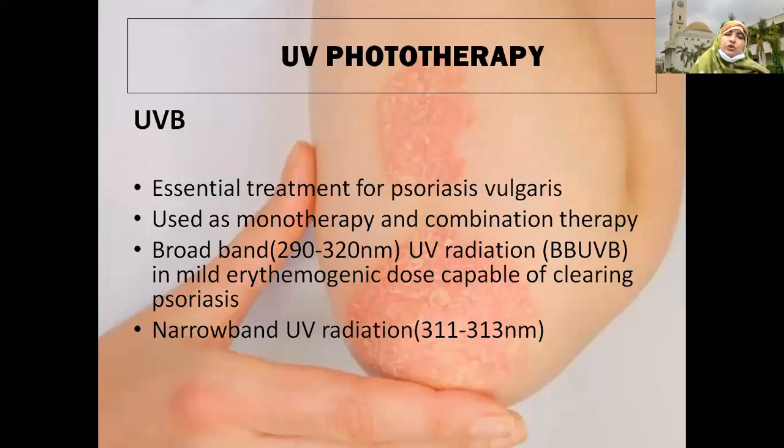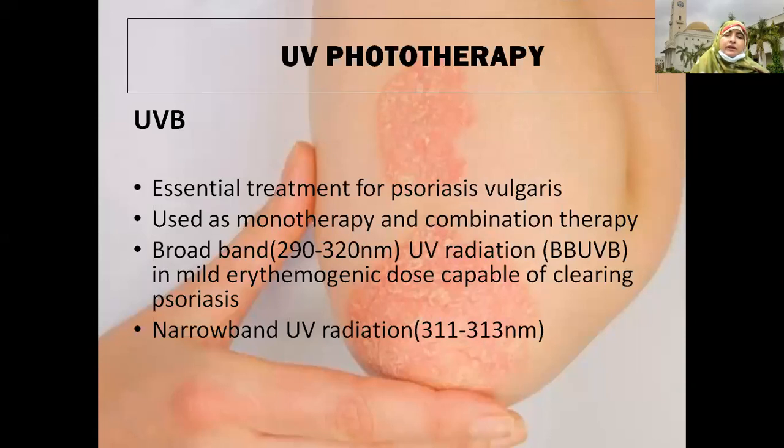in which we can give UVB as well as UVA, and we have phototherapy units present in our ward, and you can visit anytime to see them. They can emit UVB light or UVA, depending upon their wavelengths.